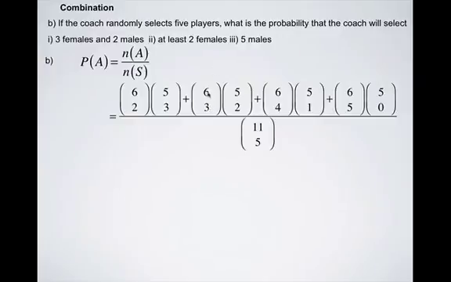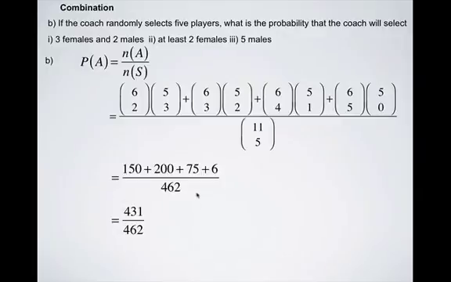So that's the number of ways that you can pick 3 females out of the 6, times the number of ways that you can pick 2 males out of the 5, plus this would be the combination of 6 choose 4 times 5 choose 1, which is the number of ways you can pick 4 females out of the 6 and 1 male out of the 5, plus 6 choose 5, which is the number of ways you can pick 5 females out of the 6 times the number of ways you can pick no males, and this comes out to be 431 over 462.